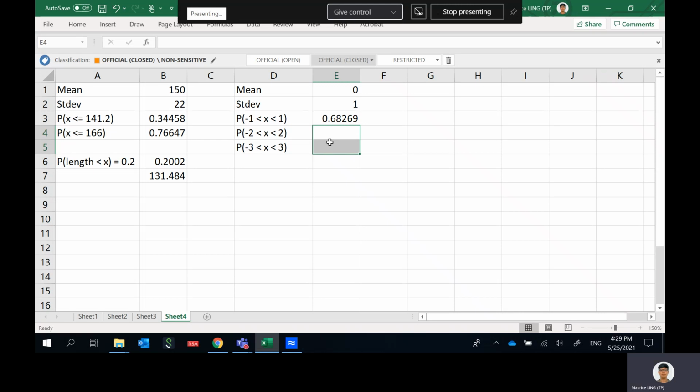So you have to think in your head which one minus which one. It is from negative infinity to 2, negative infinity to minus 2.